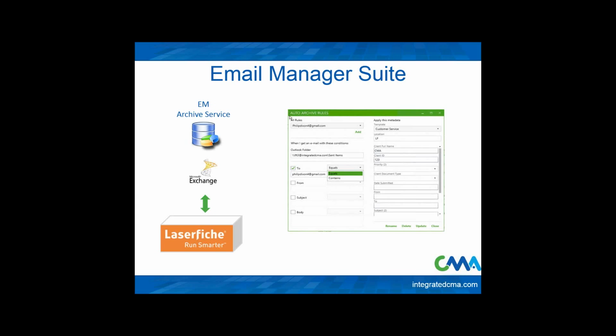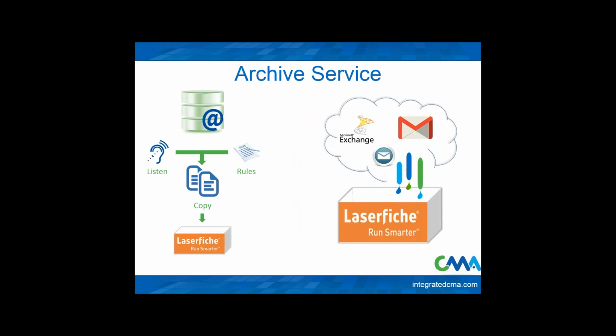So it's almost like an ETL tool, extract, transform, load, if you're familiar with those technologies. And so the interface is very similar. We have parity in terms of how you can create rules to parse emails and archive them to Laserfiche, whether that's a user using the Outlook interface or whether it's an administrator setting up policies for the mail server. That experience is going to be very similar.